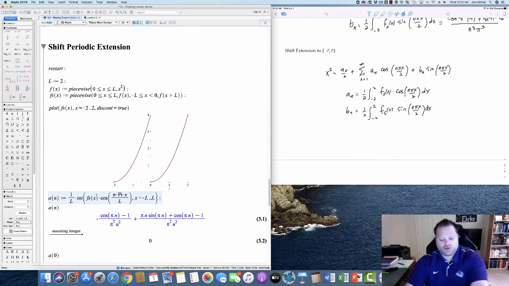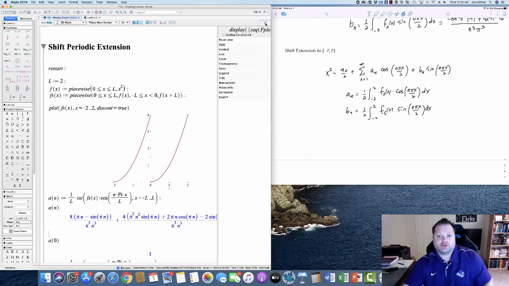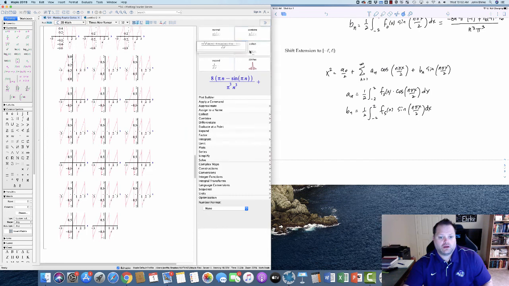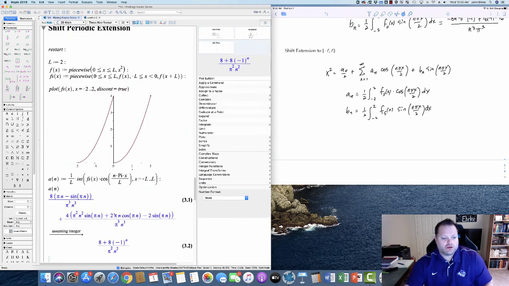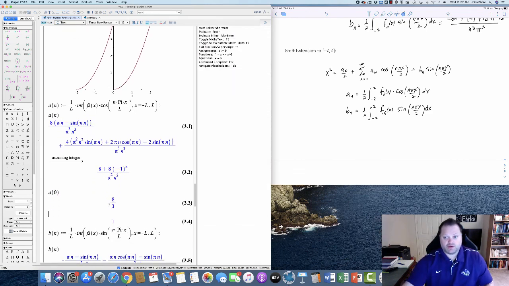Okay, computing its cosine coefficients. So the cosine coefficients here are given by those, and a naught is 8/3 once again. That's not surprising that it's 8/3 because the Fourier cosine value for that was 8/3.